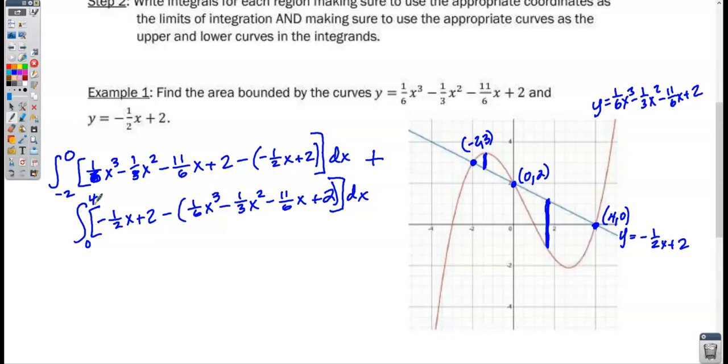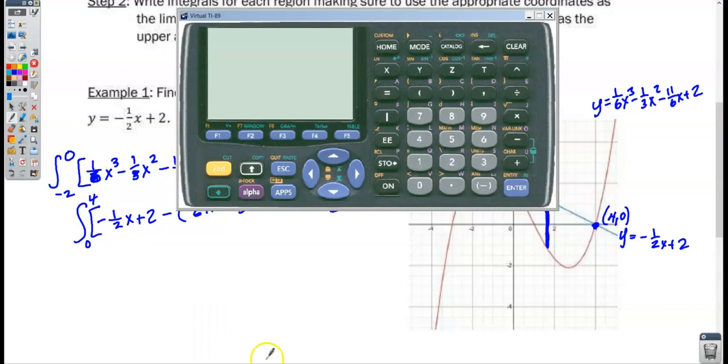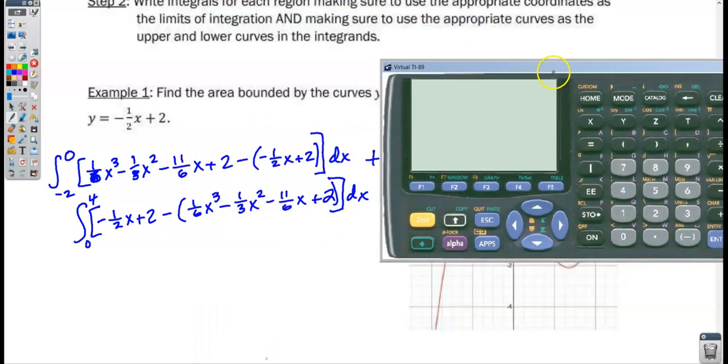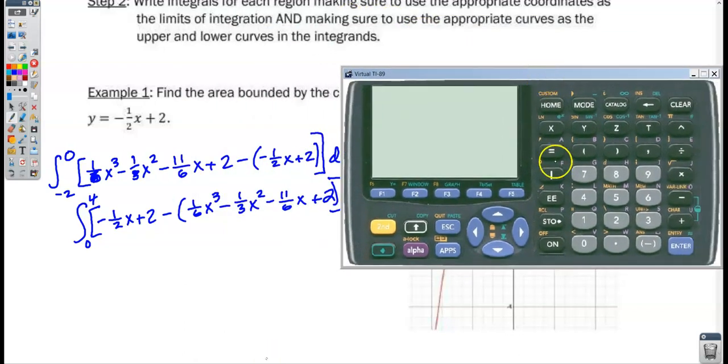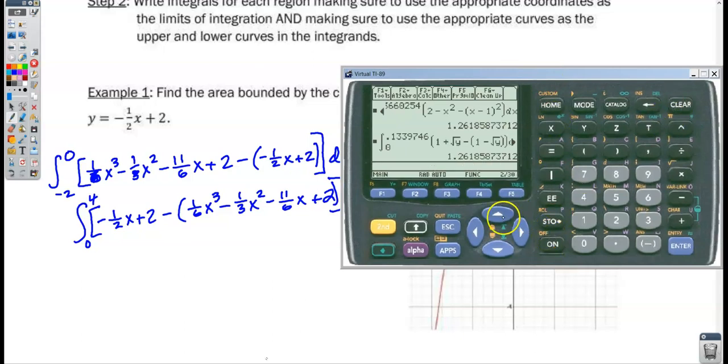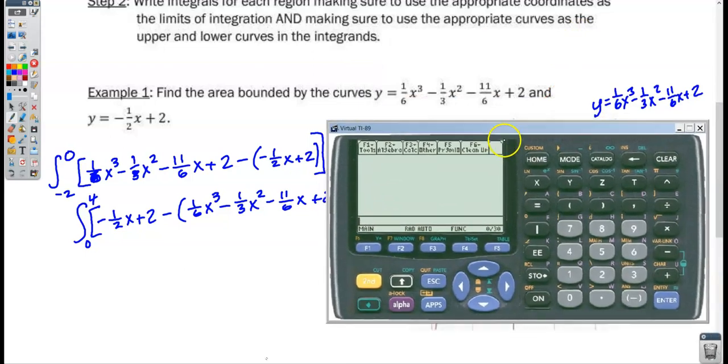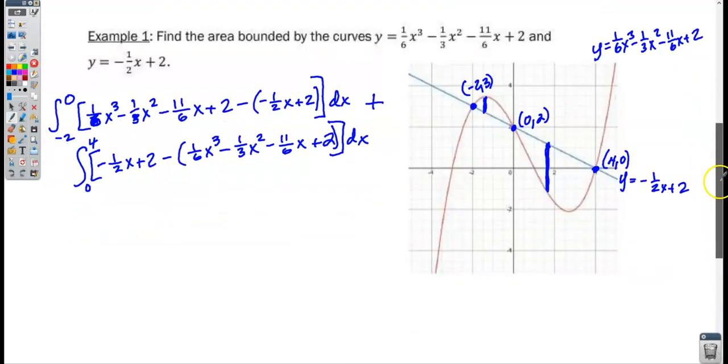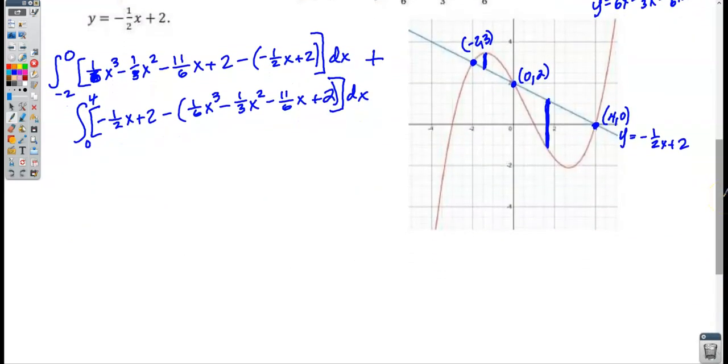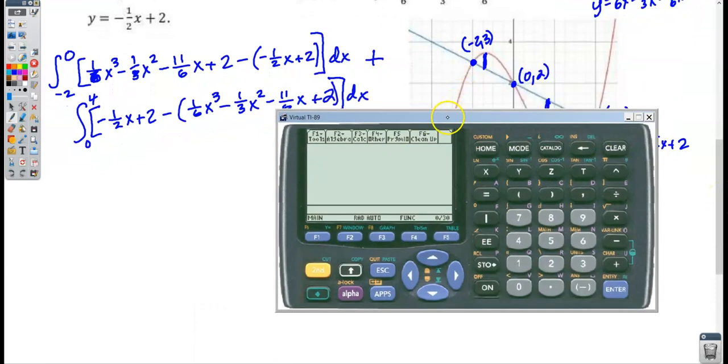Now, given the curves that I have here, I could totally go ahead and integrate this by hand and find the antiderivatives, but for the sake of time, I know that I know how to find those integrals. For the sake of time in our lesson here, we're just going to go ahead and integrate this using our graphing calculator.